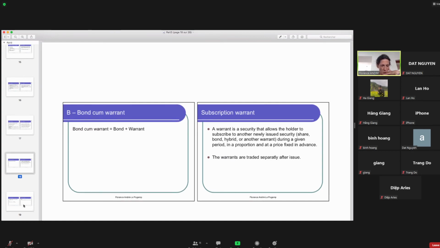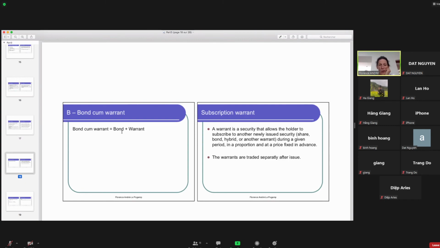For instance, a bond cum warrant is a bond plus a warrant. A warrant is a security that allows the holders to subscribe to newly issued securities during a given period at a price fixed in advance.